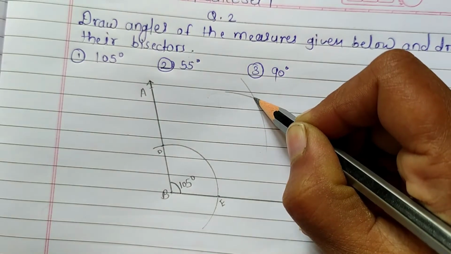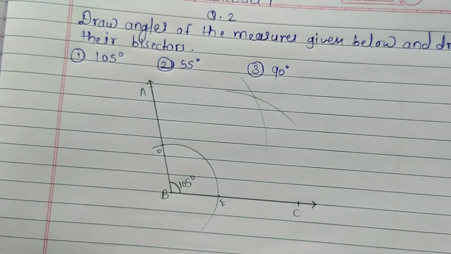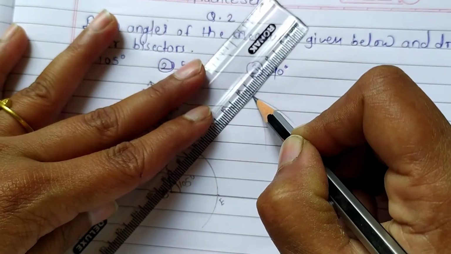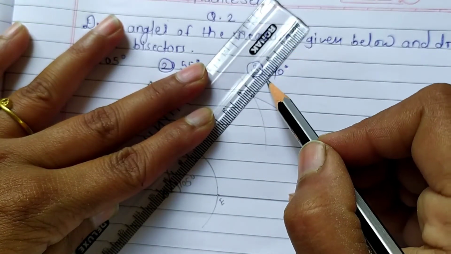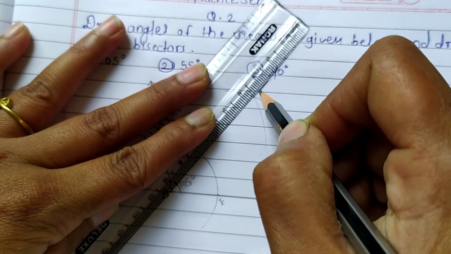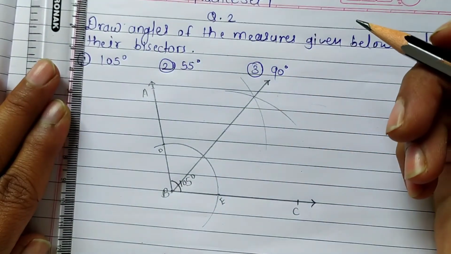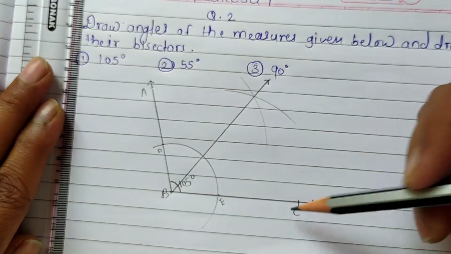We have to join this point to the B. The intersection point of arcs and B joining together, we get an angle bisector of ABC.